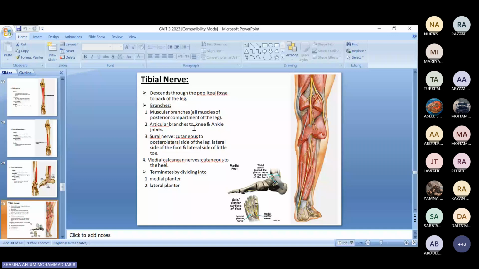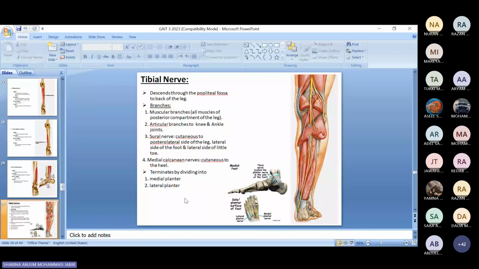It is a cutaneous branch which supplies most of the leg and foot. Then we have another cutaneous nerve, the medial calcaneal. And finally, the tibial nerve at the plantar side will divide into medial and lateral plantar nerves.